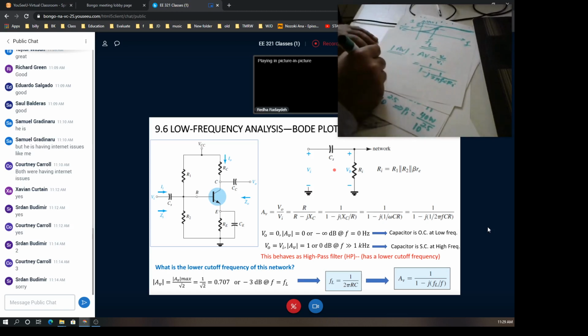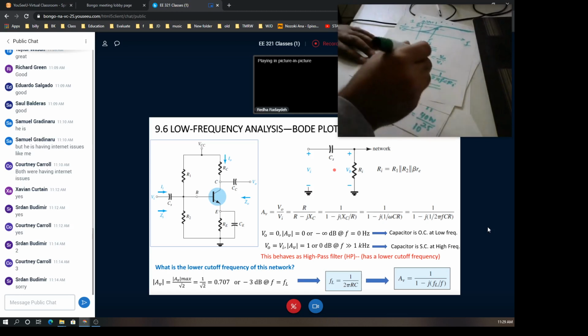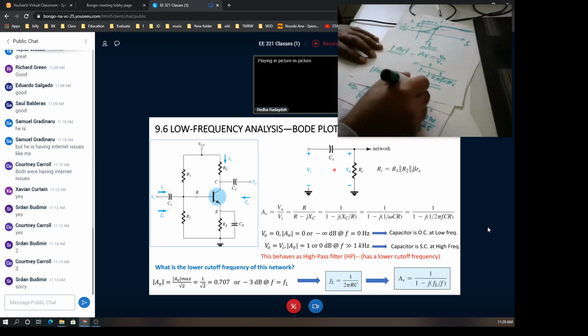The magnitude of the complex quantity, AV magnitude, will be 1 divided by the square root of the real part squared, which is 1, plus the imaginary part squared, which is this term, 1 by 2π F times C times Ri, all squared.